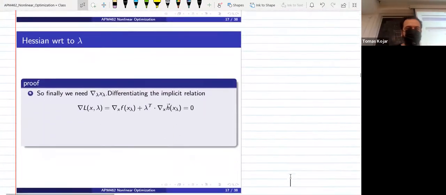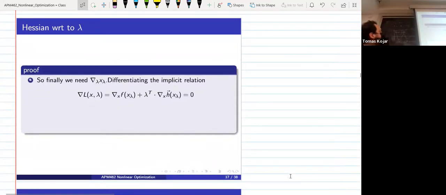All right. So again, the Lagrangian. We know by implicit function theorem that this guy is 0. I'm using it on the step over here.